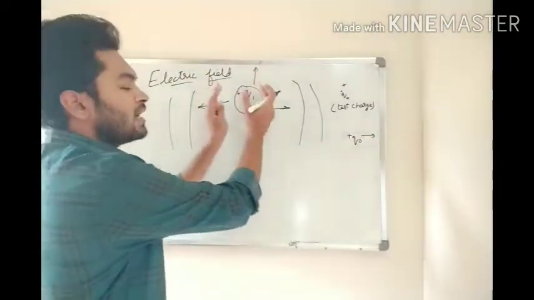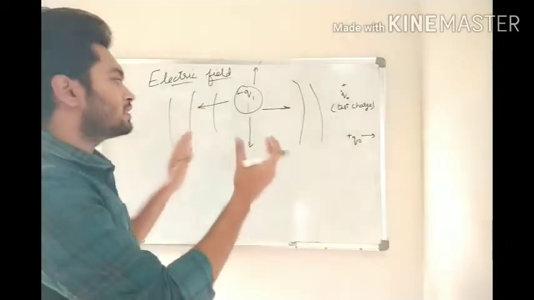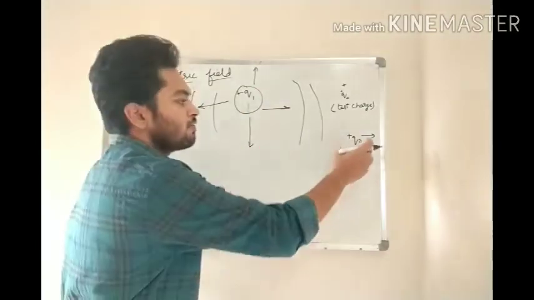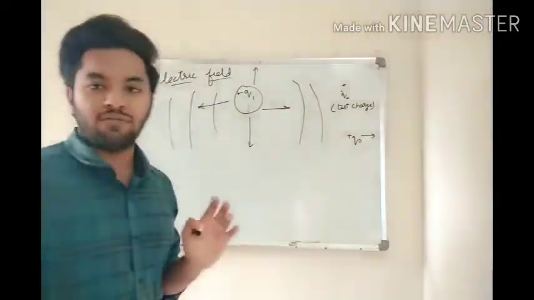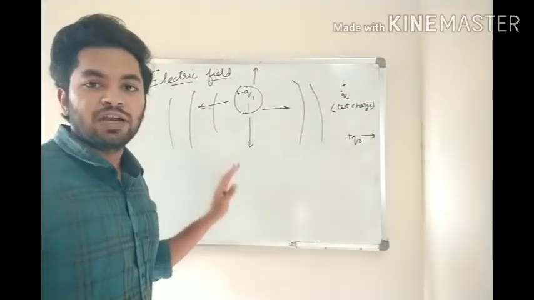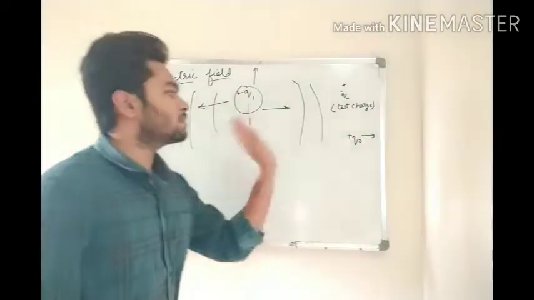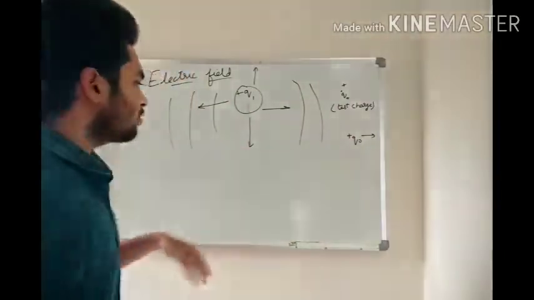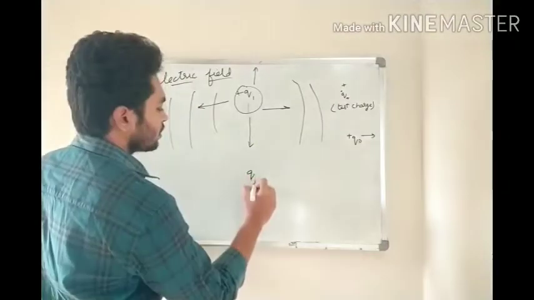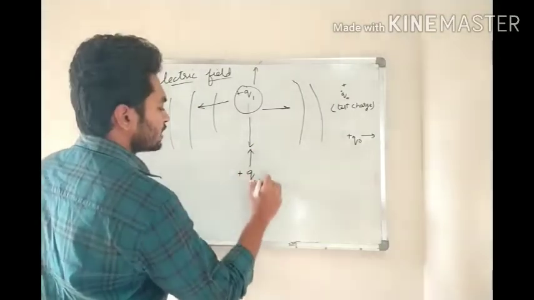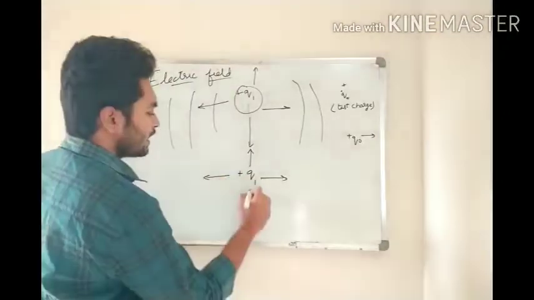There is some field around q1 which is pushing q0 away.